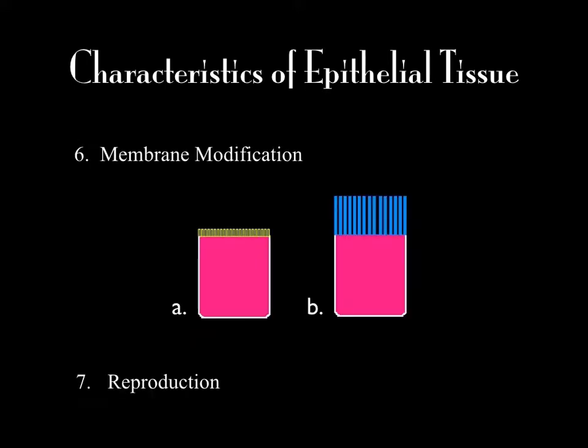In addition to membrane modifications that hold cells together, there are also modifications of the plasma membrane that allow for movement and absorption. And these two modifications are cilia and microvilli.